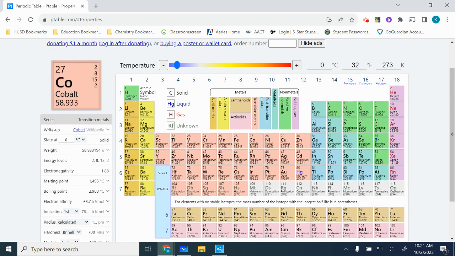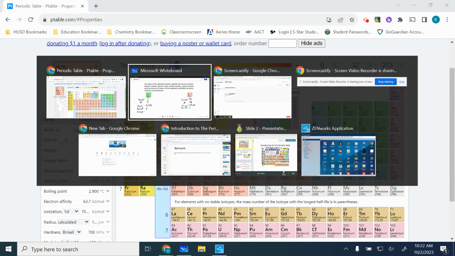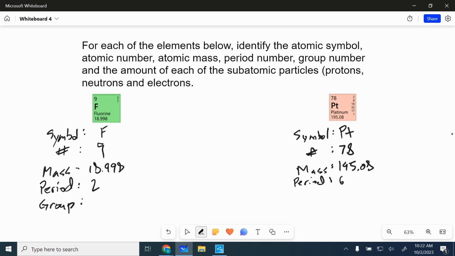Platinum right here is in column 10. Okay. So fluorine is group 17. Platinum is in group 10.